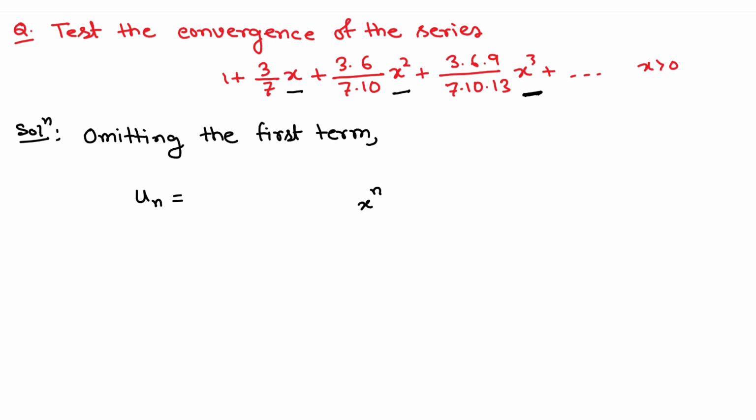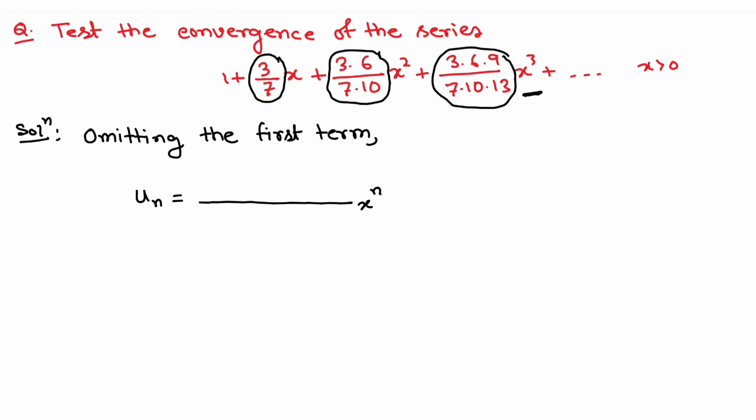Clear? Now when n equals 1, we have only one ratio. When n equals 2, we have two ratios, 3 by 7 and 6 by 10. For n equals 3, we have three ratios, 3 by 7, 6 by 10, 9 by 13. So obviously when n equals n, there will be total n ratios.